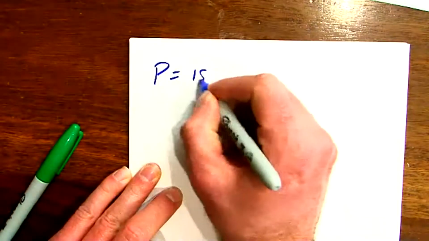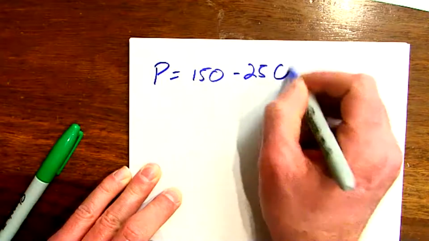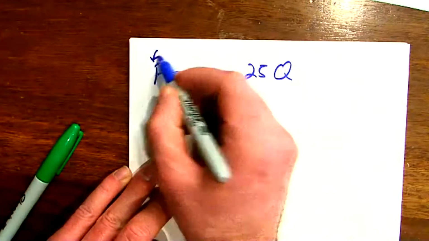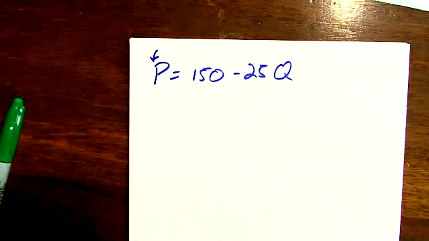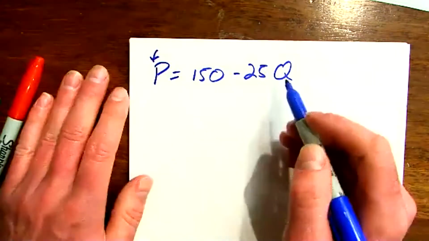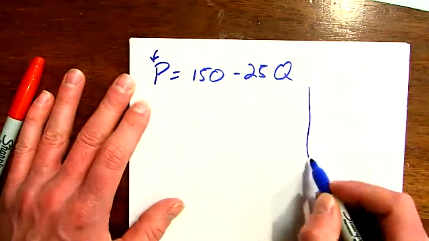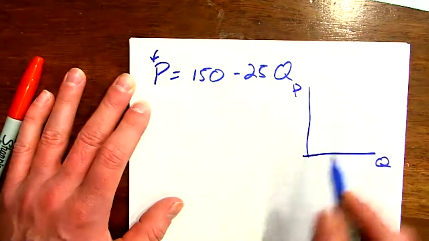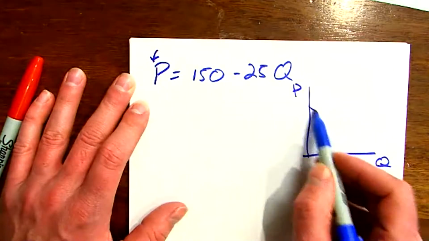So if we have the demand curve, really what this price or y-axis point is telling us, because remember, when we graph this, quantity and price, this is really just going to be some line.